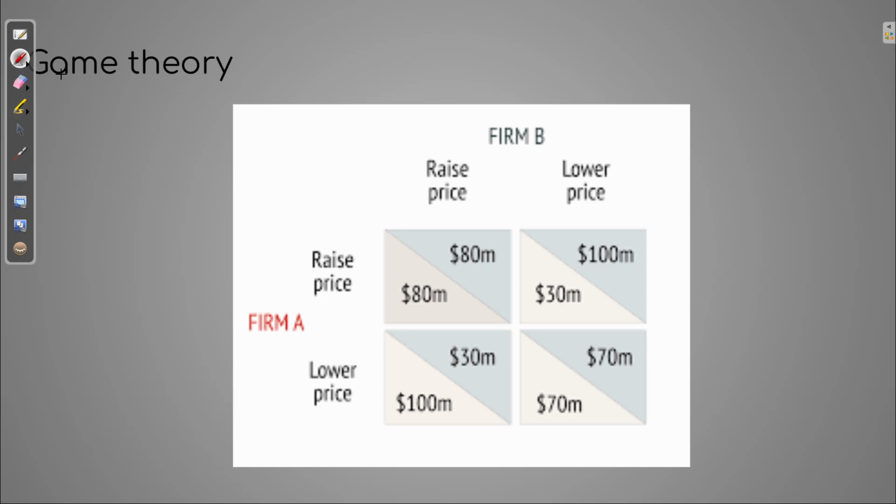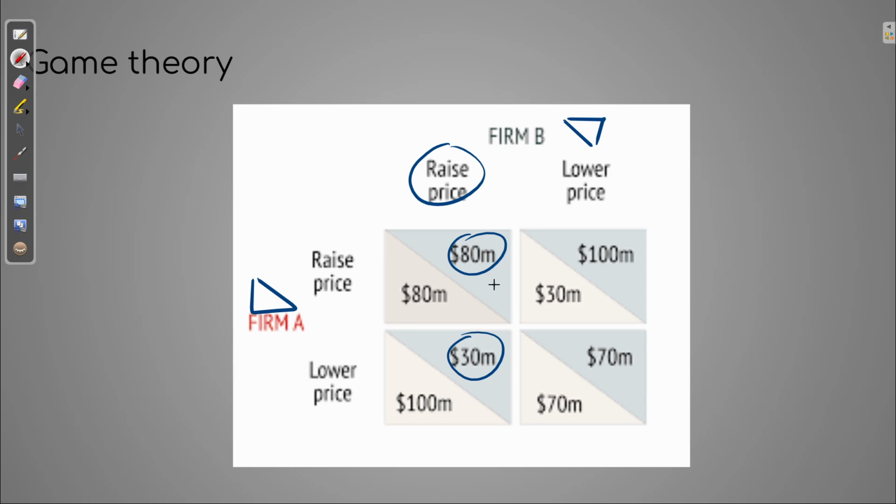So how do you solve this? Well, let's say here that firm B is the blue triangle and that firm A is the white triangle, the triangle on the bottom. So here, if firm B raises its price, then here it would be making 80 million, or here it would be making 30 million.